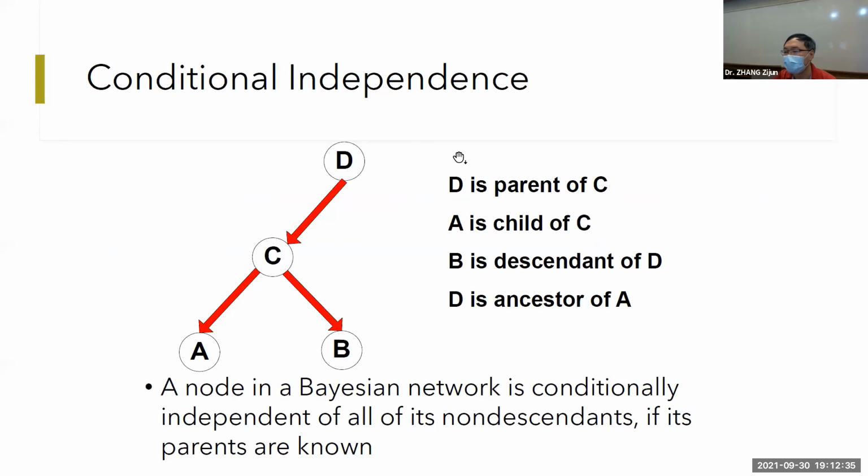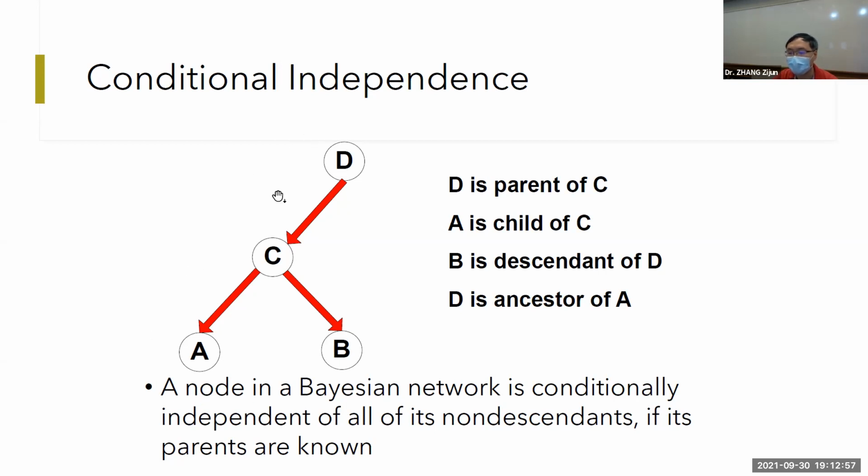See how the conditional independence is illustrated in this figure, and how the conditional dependence is illustrated in this figure as well. So this is a more extended graph network.